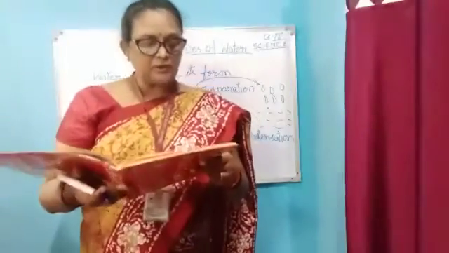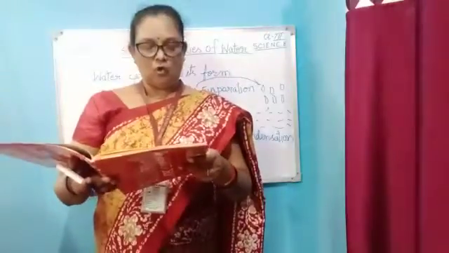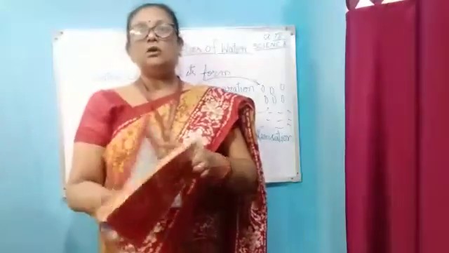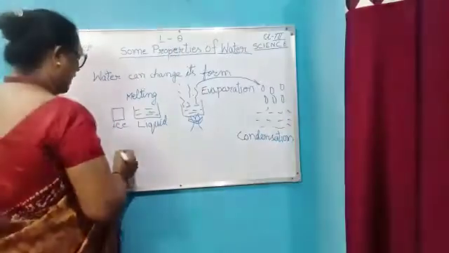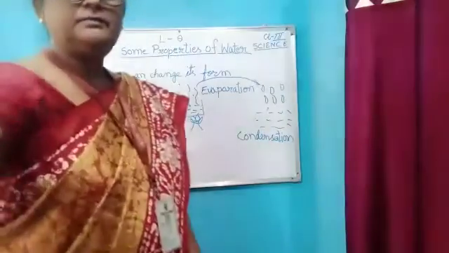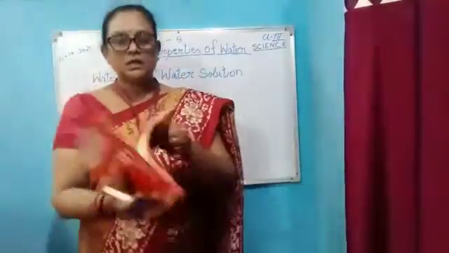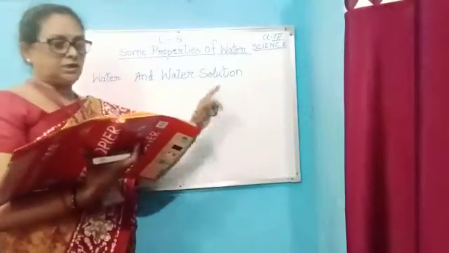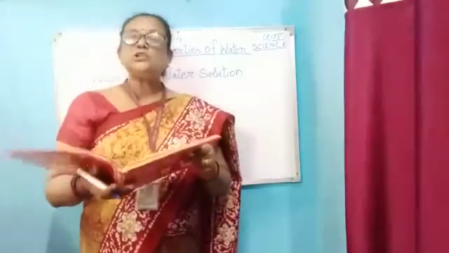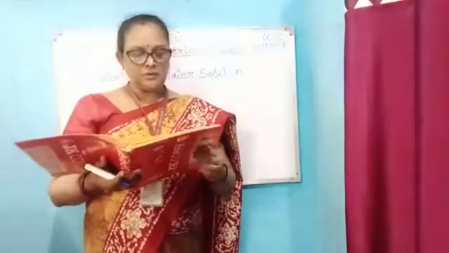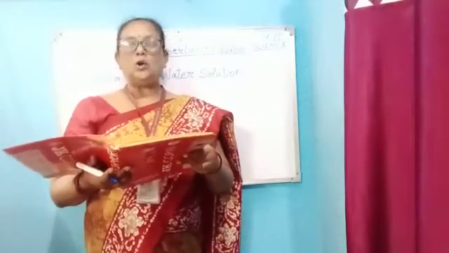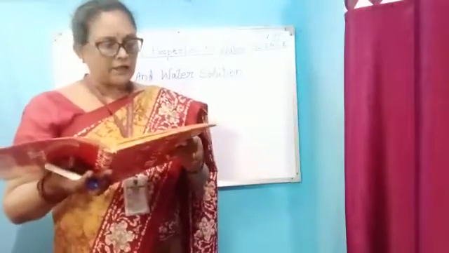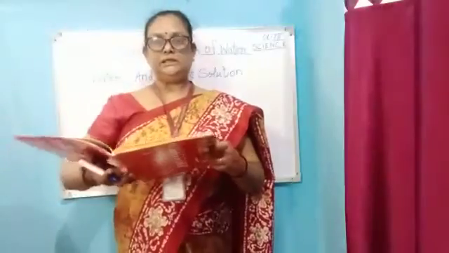Now let us do another topic, water and water solution. Now we will read water and water solution. A solution is formed when two or more substances mix together and dissolve completely.